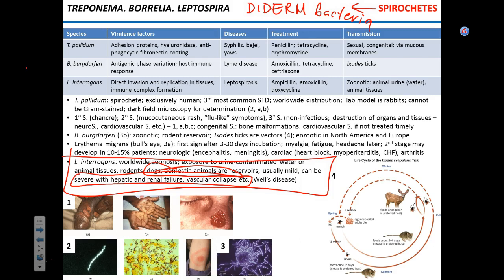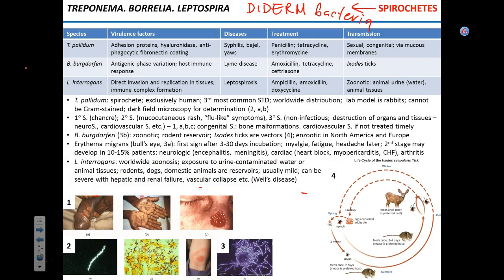Okay. Now, in my ranking of exciting microorganisms, Borrelia burgdorferi definitely trumps Leptospira interrogans. Borrelia is the causative agent of Lyme disease. Okay, so the name Lyme disease is given after the town of Lyme in the state of Connecticut, where this disease was first described.